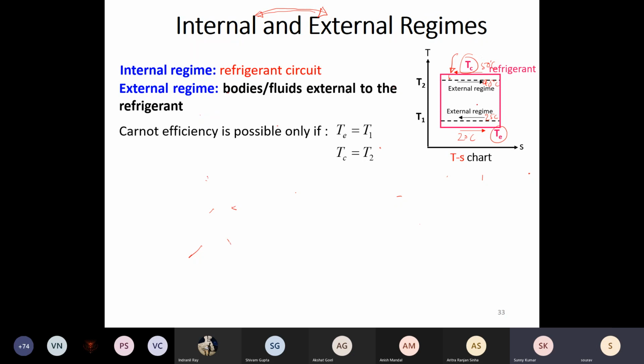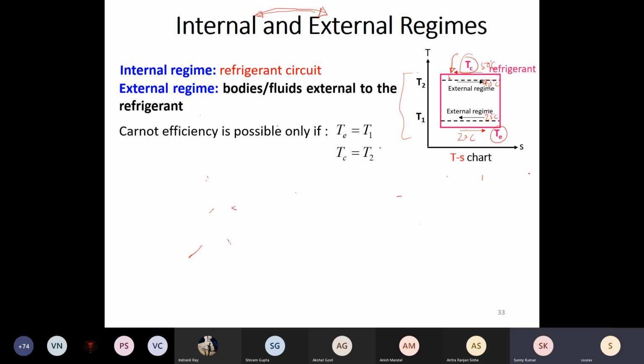Okay. So in this manner, can I call this cycle a Carnot cycle? With this internal and external operating conditions, will this be a Carnot cycle? If I draw the process diagram for the internal fluid, that is your refrigerant, it looks like a perfect rectangle.